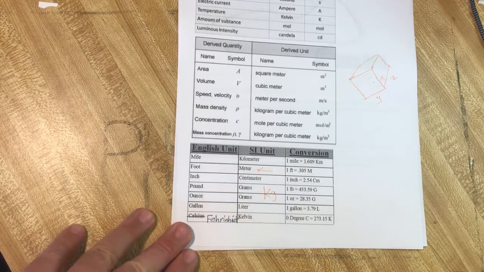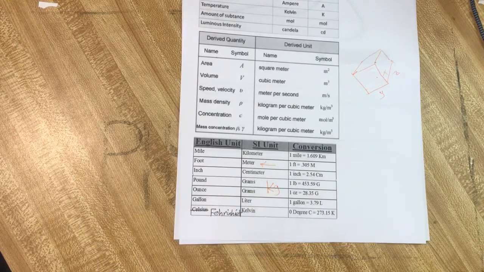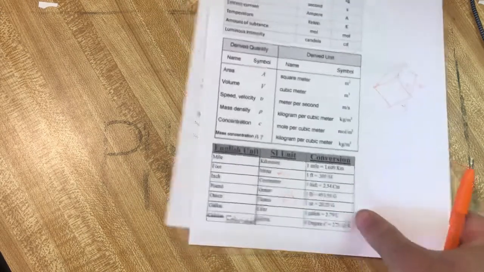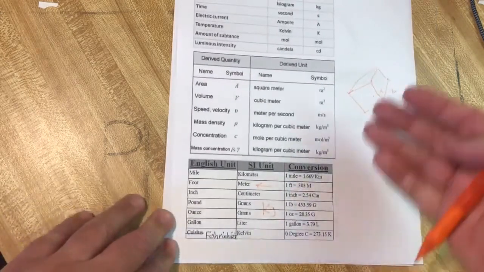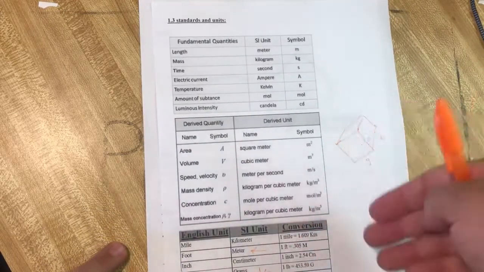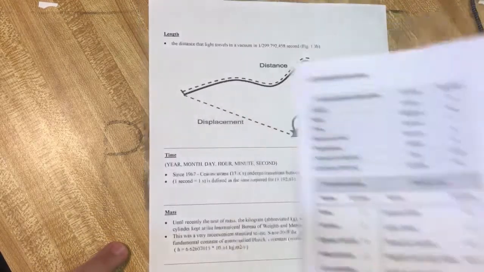For example, we measure temperature using Fahrenheit in the USA, but in the scientific system of units, we measure it using the Kelvin degree. Sometimes we use centigrade or Celsius. Okay, we will see different examples in the next section of how to deal with these things.